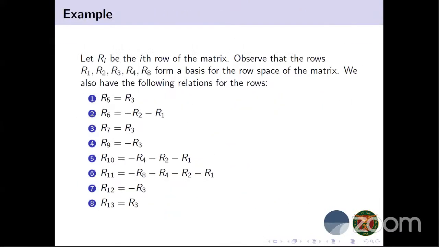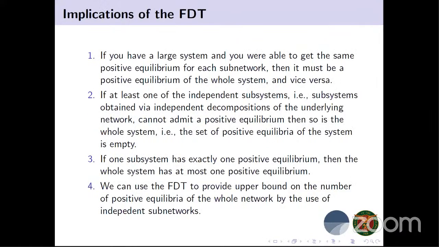The first implication is that if you have a large system and you were able to get the same positive equilibrium for each subnetwork, then it must be a positive equilibrium of the whole system and vice versa.